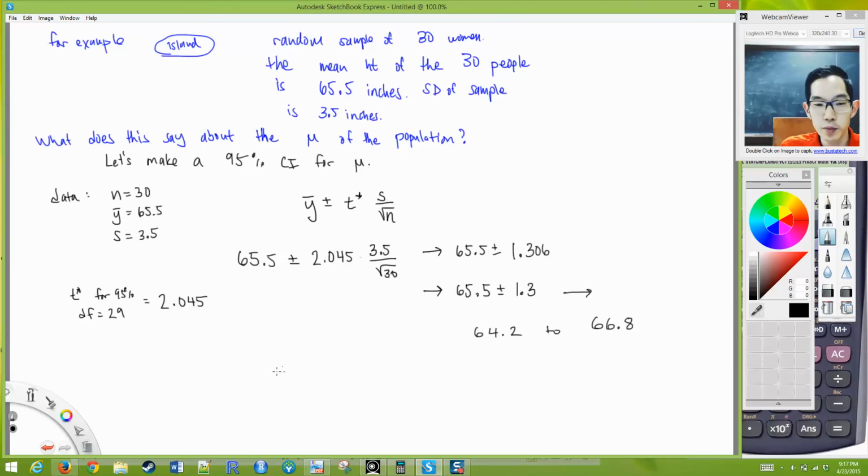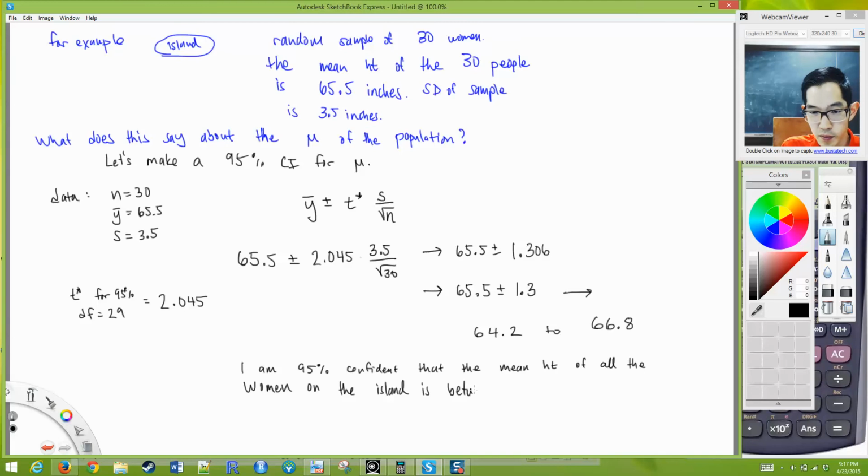Then I would make a statement: I am 95% confident that the mean height of all the women on the island is between 64.2 inches and 66.8 inches. The mean height of all the women being the mu of the population, right? We always make a statement about the mean of the population.